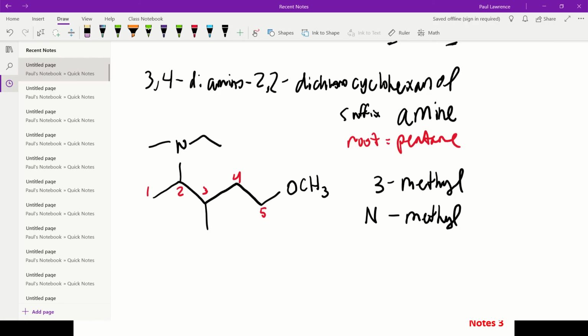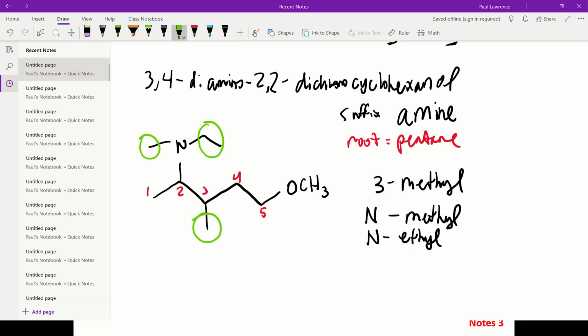But I have a second alkyl group attached. So you just write what it is. We see it's 2 carbons, so that would be an ethyl. But it's an N-ethyl. So those N's are helping us locate where those substituents are. So we've accounted for this one, that one, this one.